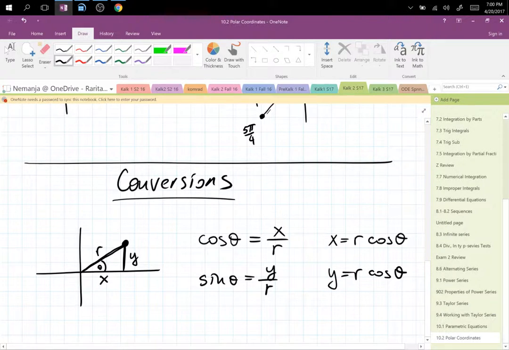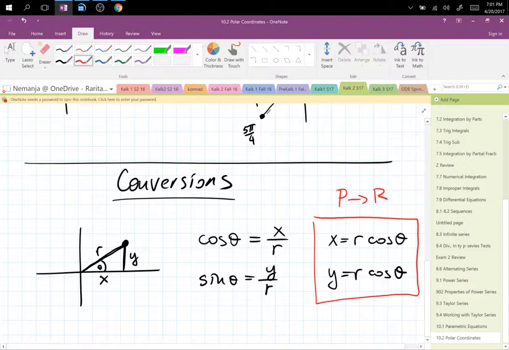And what is my common sense telling me here? The common sense is telling me that if I have both r and theta given, I can compute x, I can compute y, using these equations. So this must be conversion from polar into rectangular, polar to rectangular, because if I have both r and theta given, I can find x or I can find y.